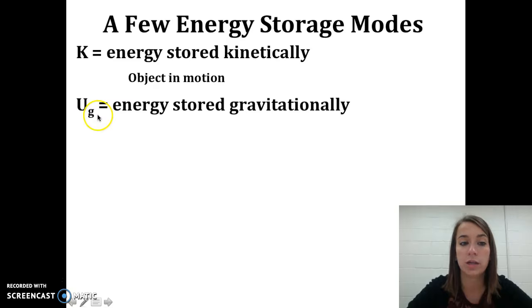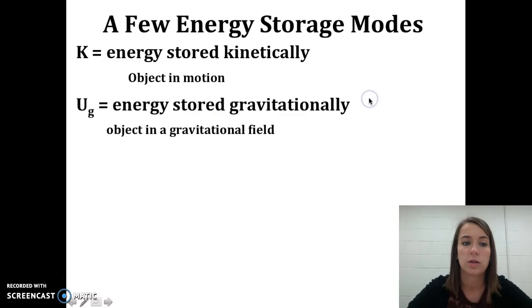So UG is potential energy stored gravitationally. So this would be any object in a gravitational field. So if it's near the surface of Earth, near any other object that's causing a gravitational field, it can have energy stored gravitationally.